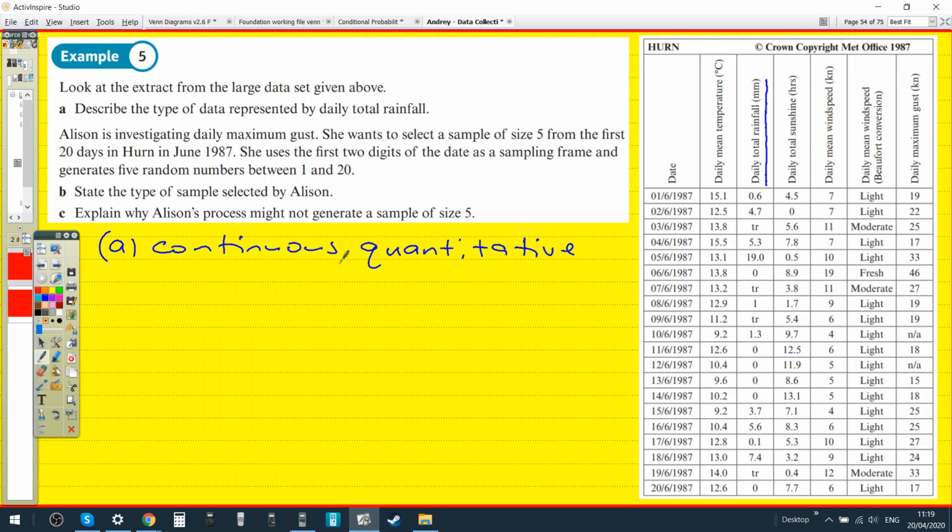Okay, B. Is that random sampling? Random sampling. Let me just take a look at it. Okay, and C.